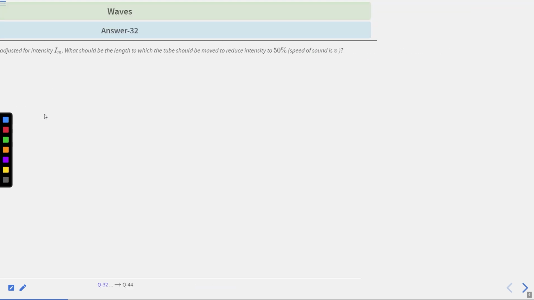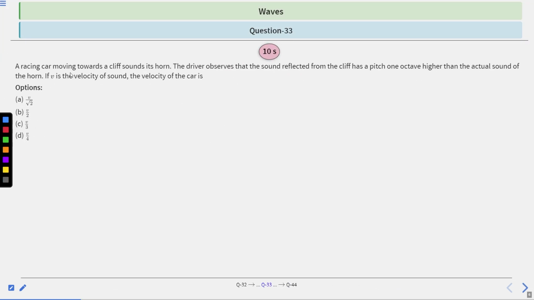Next, question 33. A racing car moving towards a cliff sounds its horn. The driver observes that the sound reflected from the cliff has a pitch one octave higher than the actual sound of the horn. If V is the velocity of sound, the velocity of the car is what?